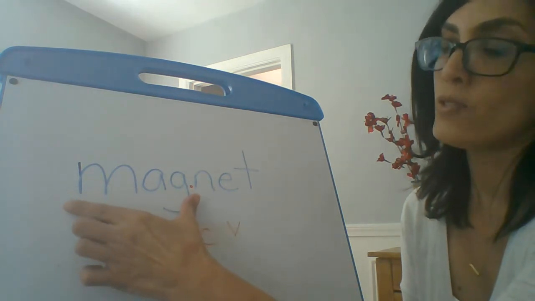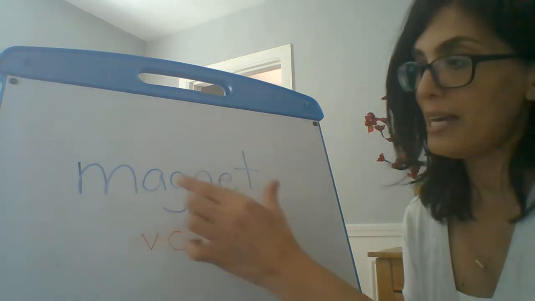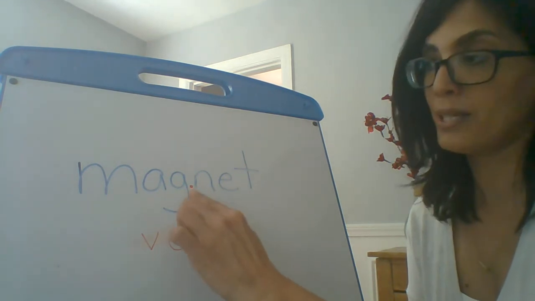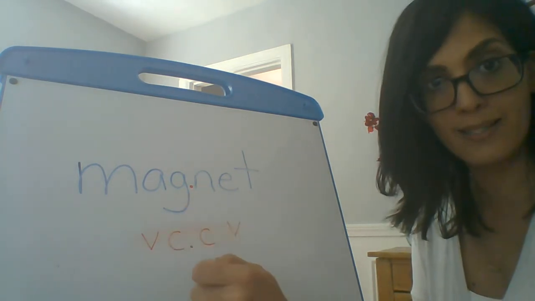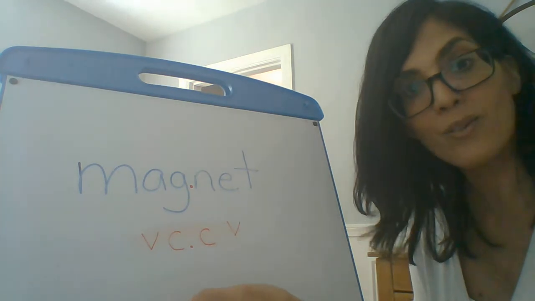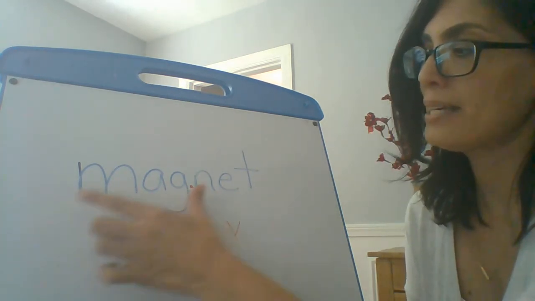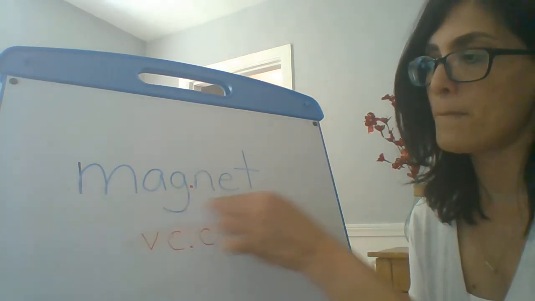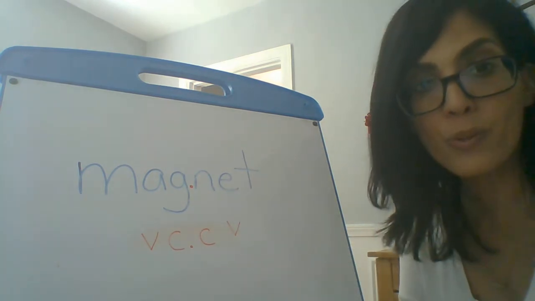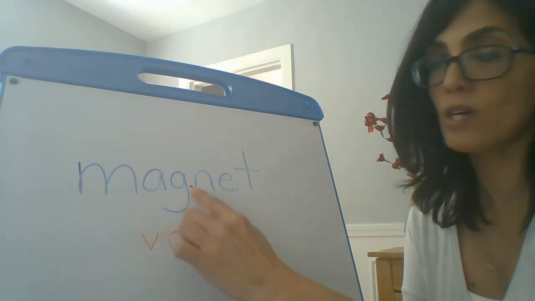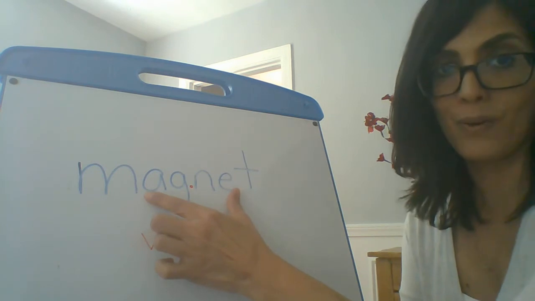Here's my first chunk in the word, and here's my next chunk, broken between the consonants. Now it's a lot easier to read. Watch. Mag, net, magnet. We just broke this word in between the two consonants, between the vowels.